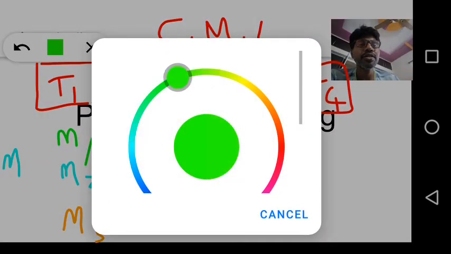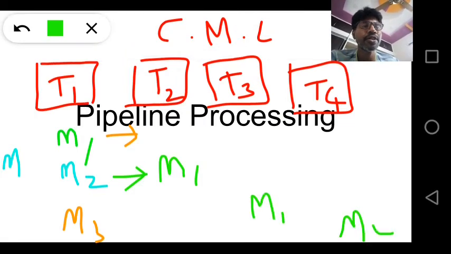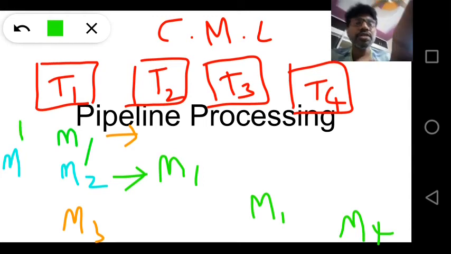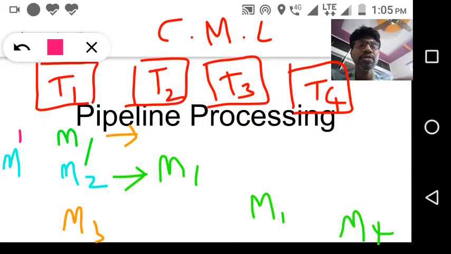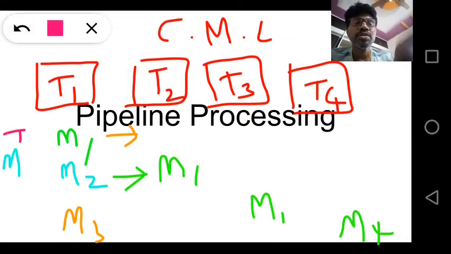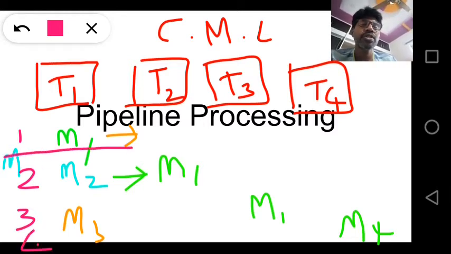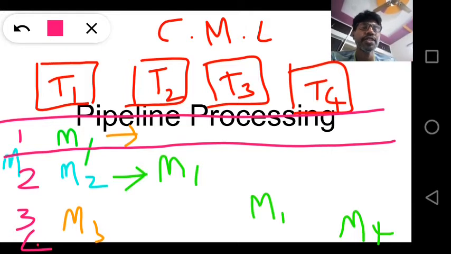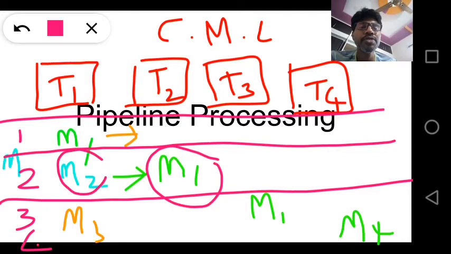So when M1 moves here and here finally, in the 4-step process, because this is 4 stages, 1, 2, 3, 4. In the first stage, M1 is here. In the second stage, when T2 is doing M1, T1 is busy with M2.